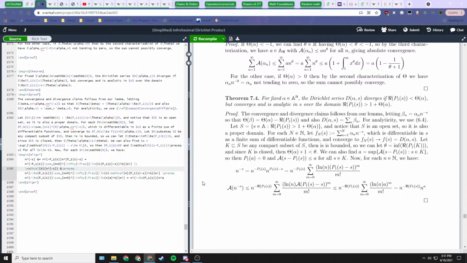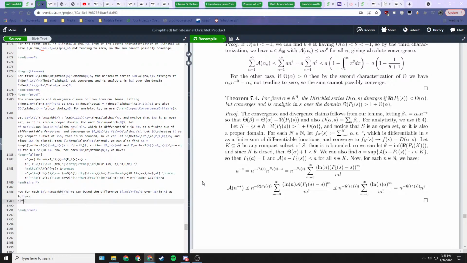Okay, so S is the set K, okay, and then we get, by combining, or rather we can say, now if we can bound the difference for each n in natural, we can bound the difference f sub n of s minus f of s over s in K as follows.